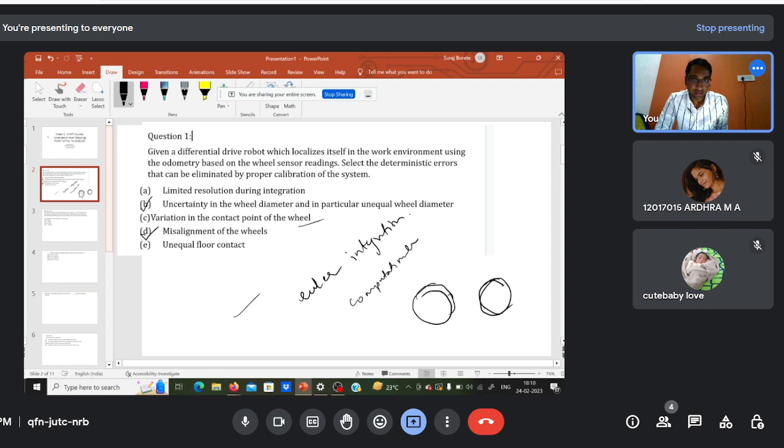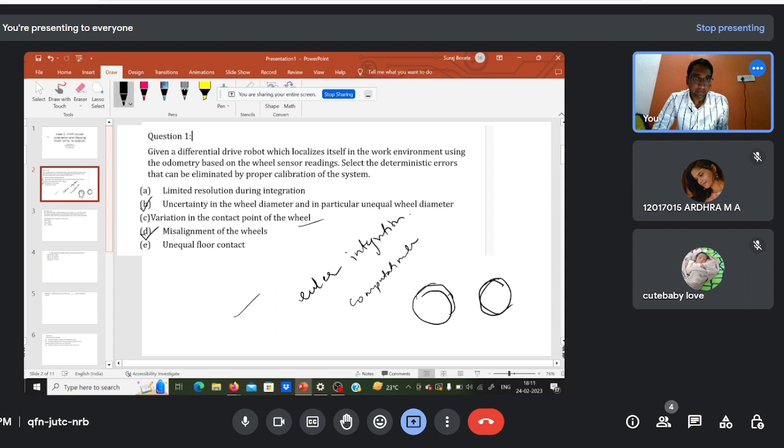If you see the options, limited resolution during integration. This is something like the Euler integration step size. We want to keep it small, but we cannot keep it too small because then the computational efficiency becomes very low. So that is not something in our hands. It has nothing to do with calibration, and it has nothing to do with the deterministic errors, right?